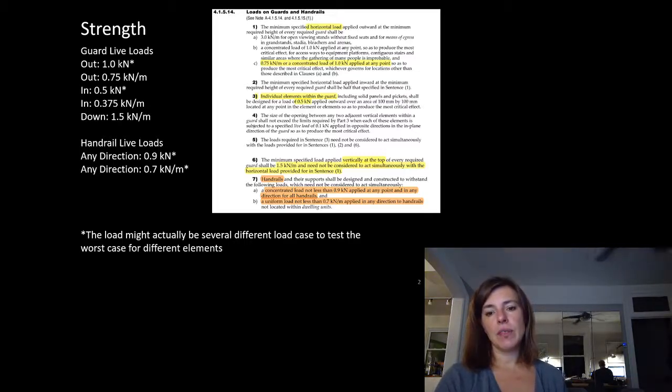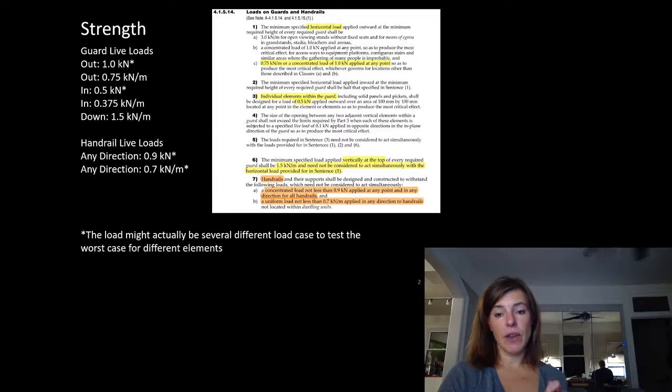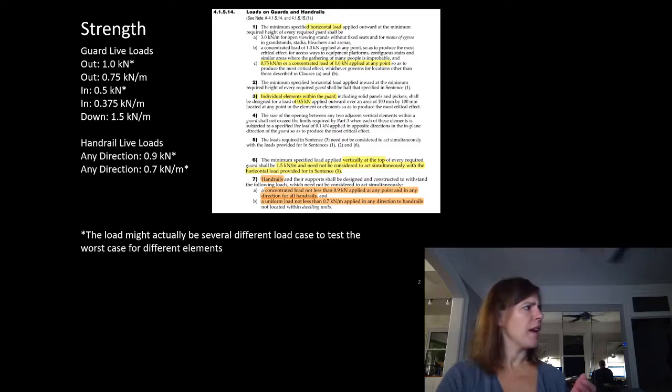So it doesn't have as rigorous a load criteria. They also have different height outlines. That information is very much in Part 3. But guards are usually at 3 feet, right? The guards are at 3'6" above grade.